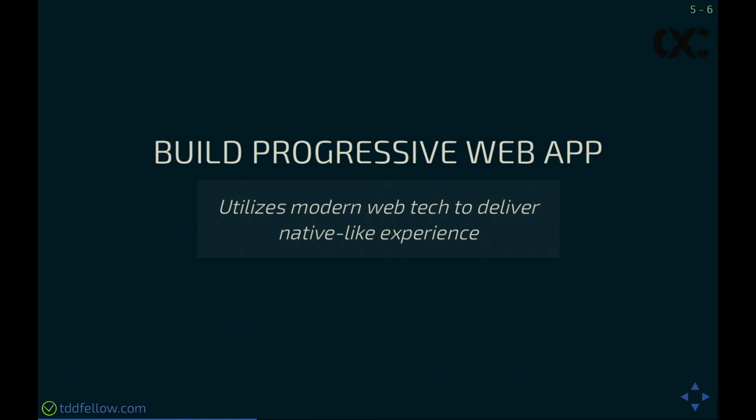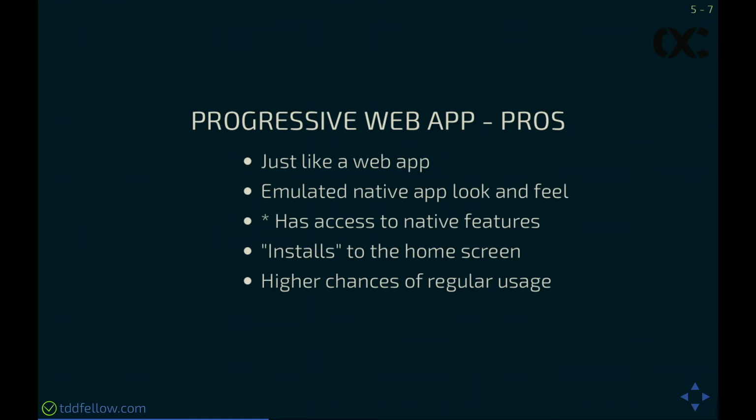Next application that you can build is called Progressive Web Application. This is basically, you take HTML5 modern features and you use them together with platform features that allow for those progressive web applications, and you get kind of native-like experience. So progressive web applications are applications that can be rendered without browser navigation.